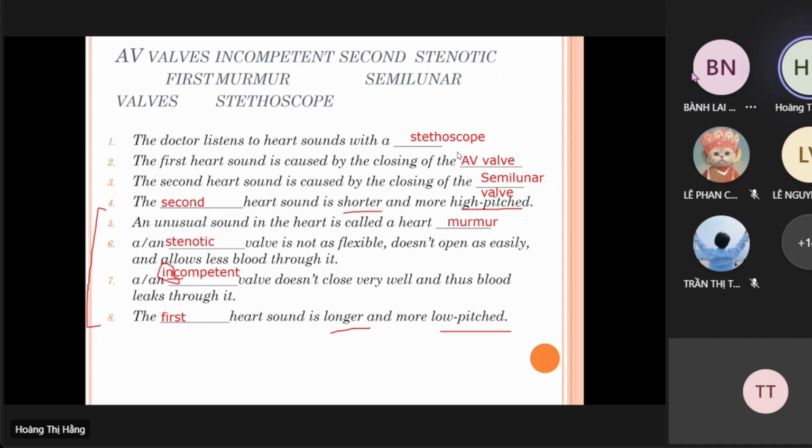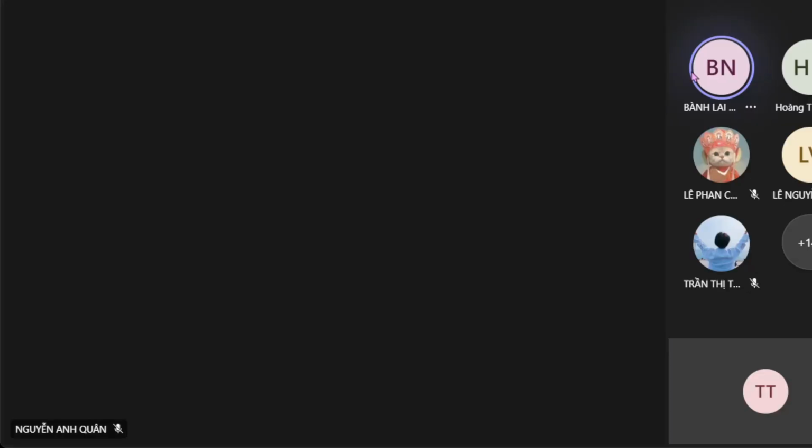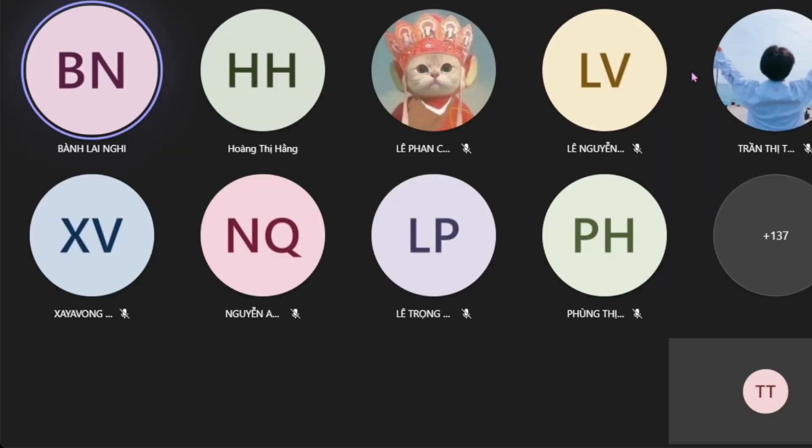And this measurement illustrates a particular pattern on the electrocardiograph machine.